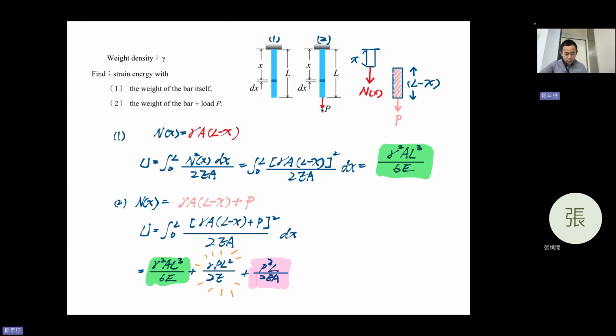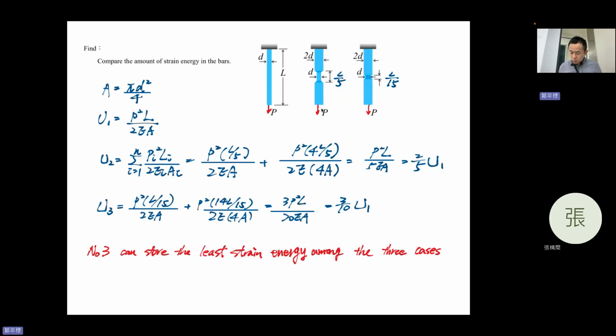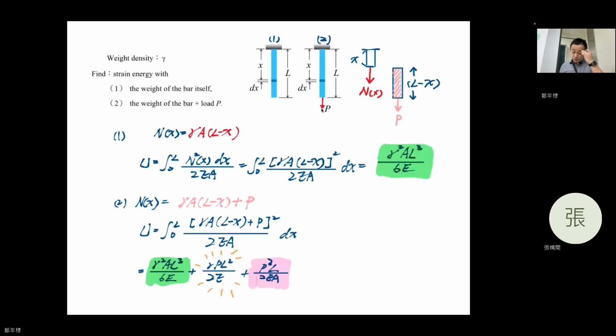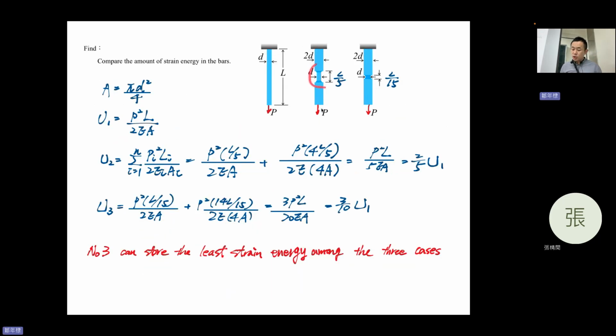Okay, so we only have one example left for chapter 2. Last time we talked about how to determine the strain energy and strain energy density, and we noticed that the cross section, the geometry, will change the ability of the material to store energy.